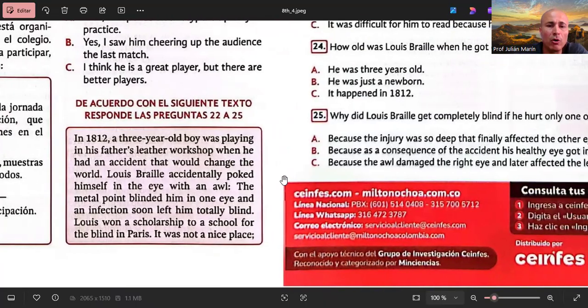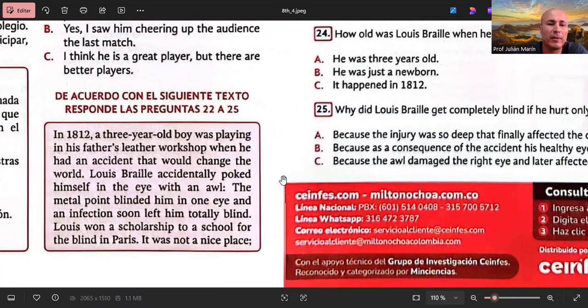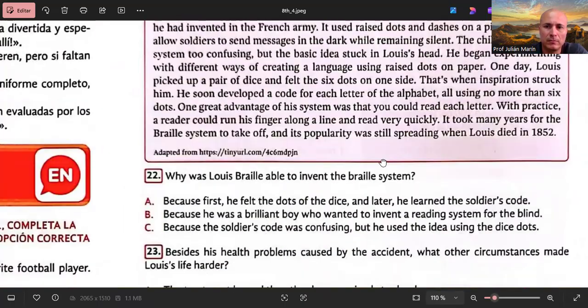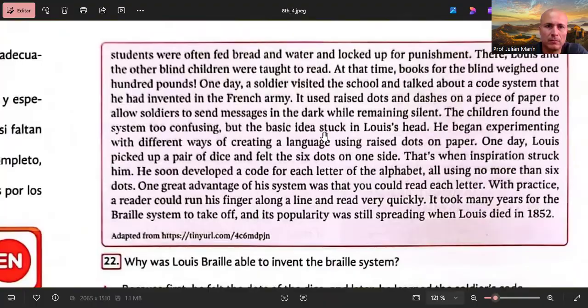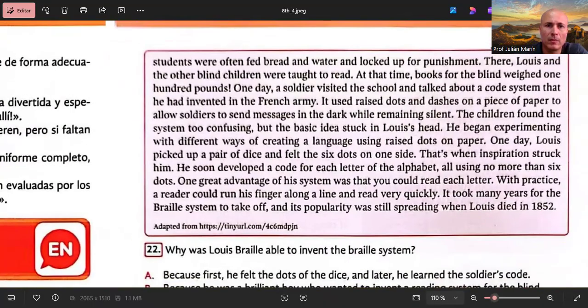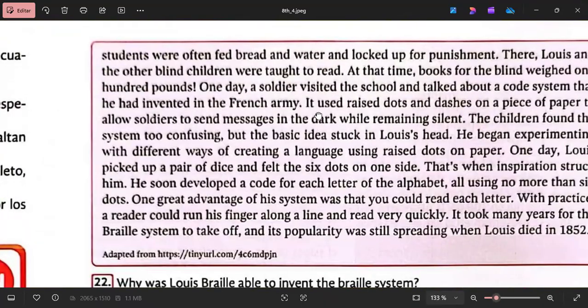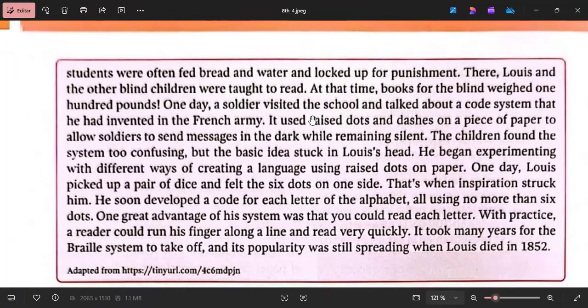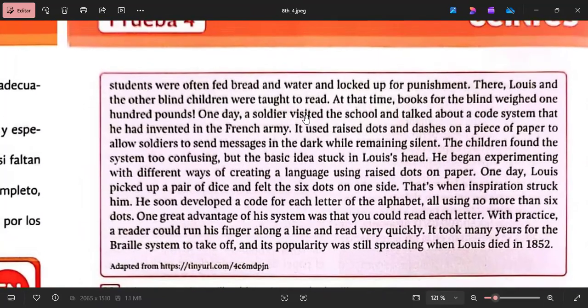Louis won a scholarship to a school for the blind in Paris. It was not a nice place. Students were often fed bread and water and locked up for punishment. There, Louis and other blind children were taught to read.